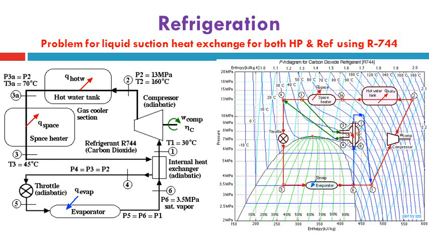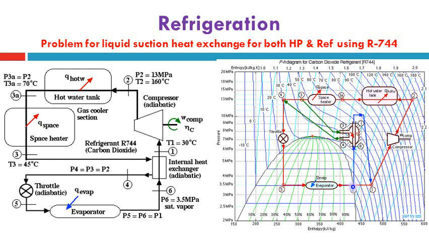It should be clear that superheating is performed from point 6 to point 1 inside this liquid suction heat exchanger, by cooling the gas from state 3 to state 4 by this delta H shown on the pH diagram, before entering the throttle device and going through the evaporator.